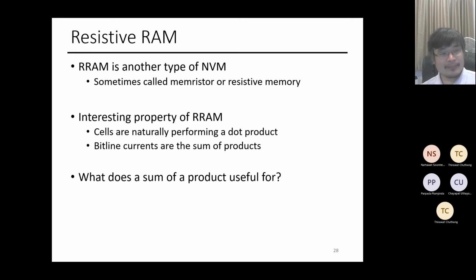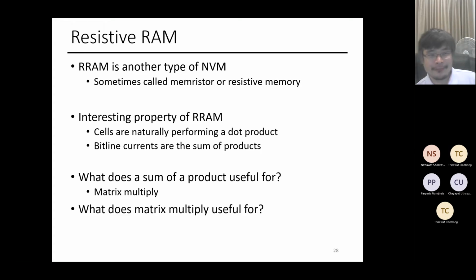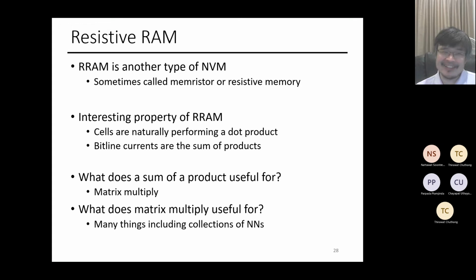Sum of products is part of matrix multiply. What is matrix multiply useful for? Many things, including a collection of machine learning applications like CNN.